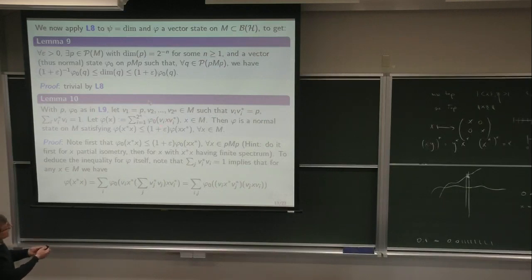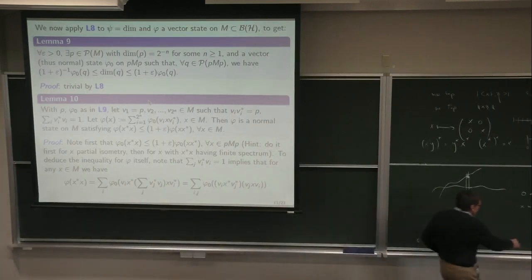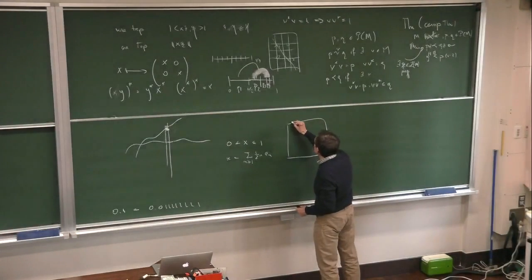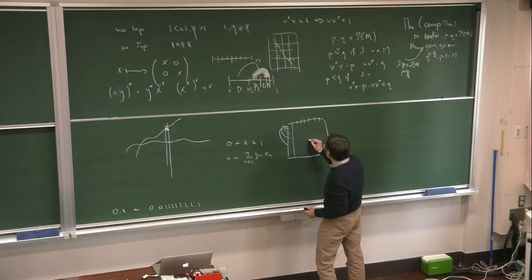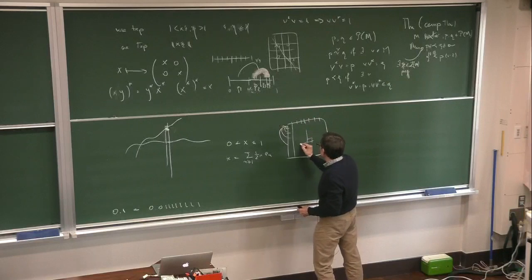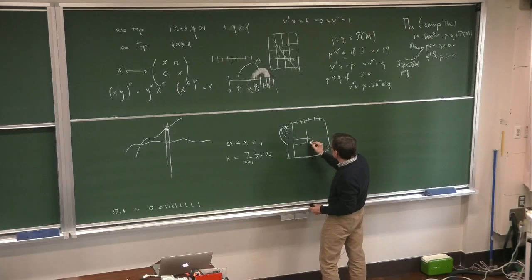So I'm cutting x, which is somewhere here, and these are the projections with the corresponding partial isometries that take you there.